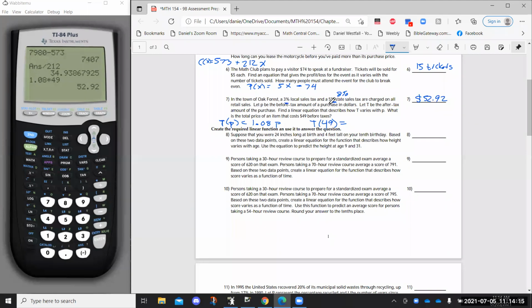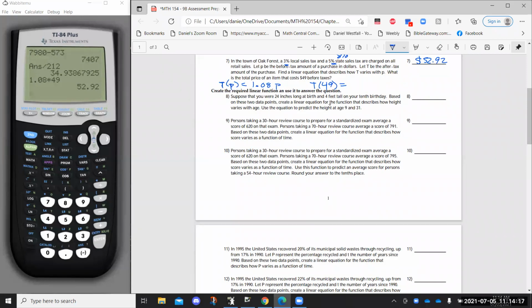Suppose that you were 24 inches long at birth and you were 4 feet tall at your 10th birthday. I'm going to tell you that they want to do everything in inches here. Change that to 48 inches because it's the smaller unit. Stay in the smaller unit here to be more accurate. So change in Y is going to be 24. Change in X is going to be 10 years.